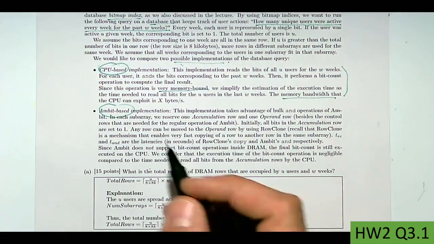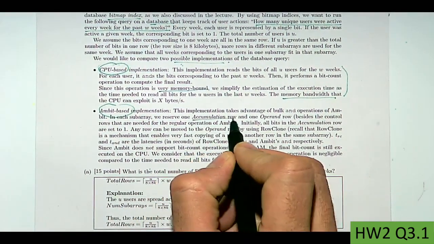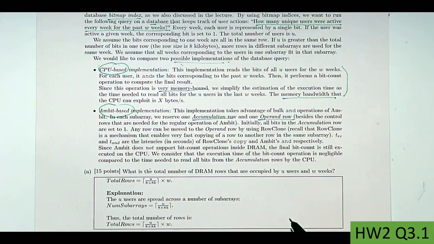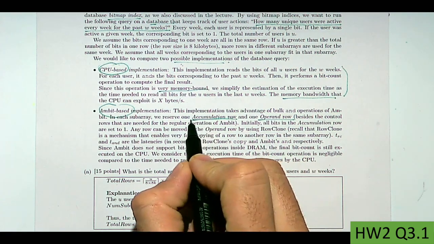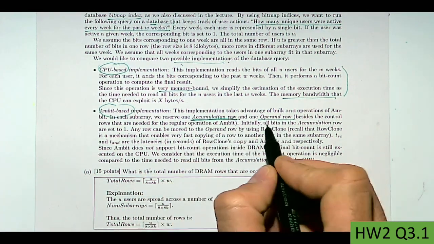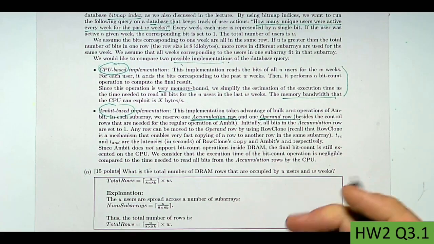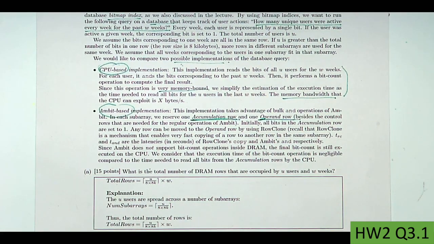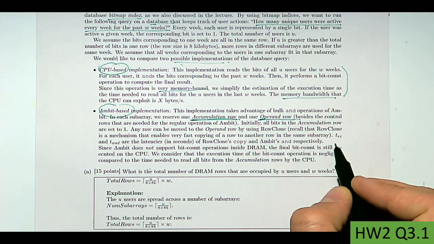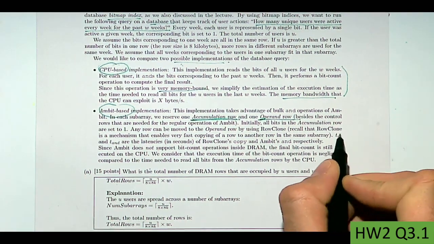In the case of the Ambit-based implementation, we have an accumulation row and an operand row. In the accumulation row, we are going to have the partial results until we go over all the weeks, and then we will have the final results for every single user in the accumulation row. To the operand row, we need to move the row corresponding to the week that we are evaluating. We are also given two latencies.